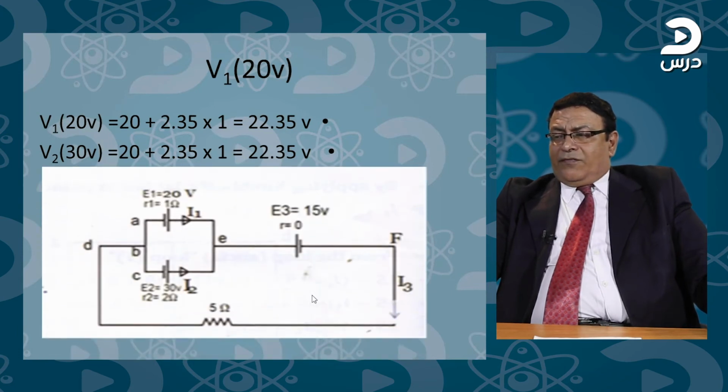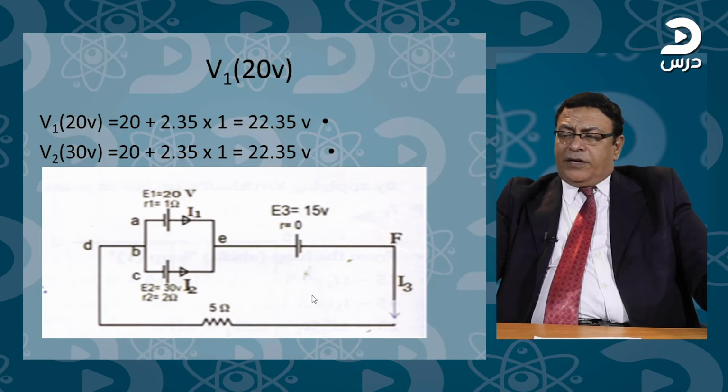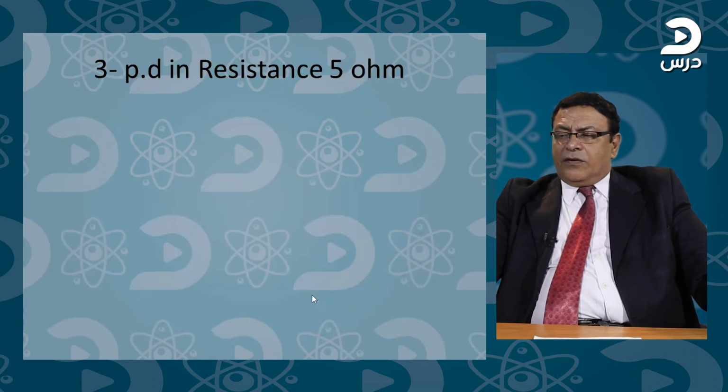But V1 in 20 volt: V1 equal 20 plus 2.35 multiply 1 equal 22.35 volt. And V2 in 30 volt equal 20, this is the VB, plus 2.35 multiply I1 equal 22.35 volt.